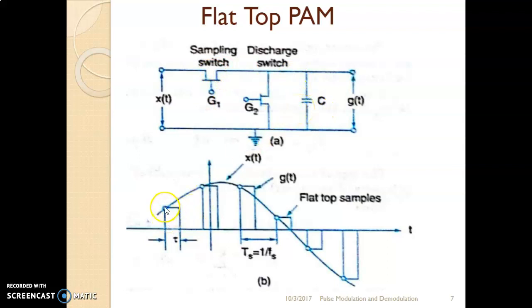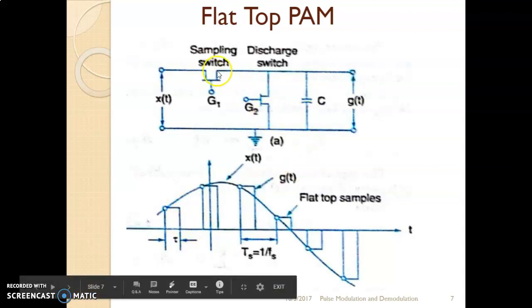Because of that you get flat top PAM. So once G1 is on, the capacitor charges to this point. At this point G1 is off, G2 is also off, and the capacitor holds the charge. Now at this point G2 is turned on, and the capacitor discharges.